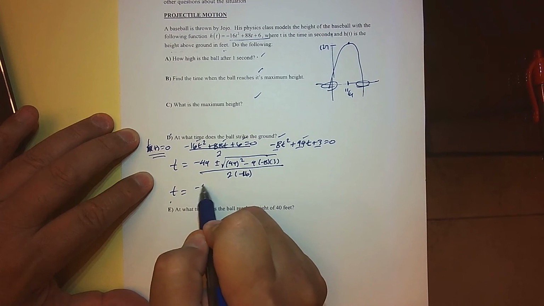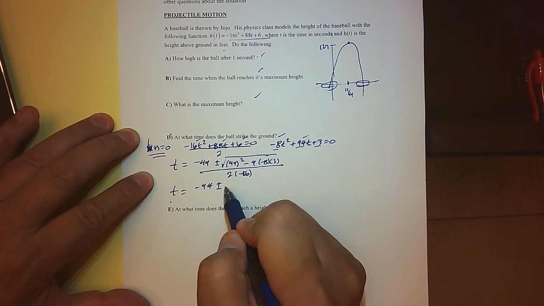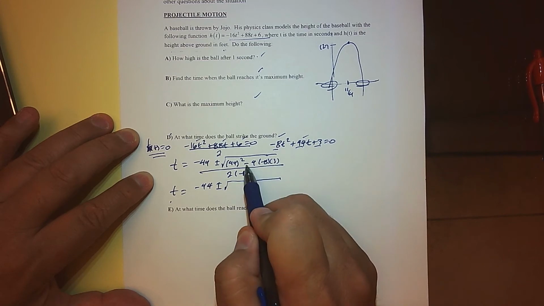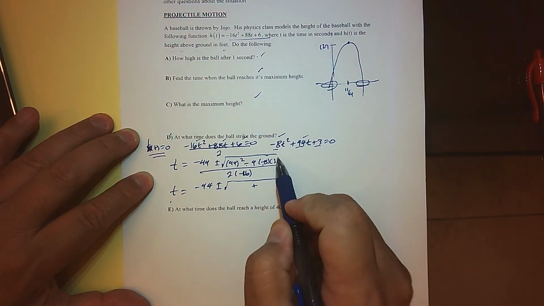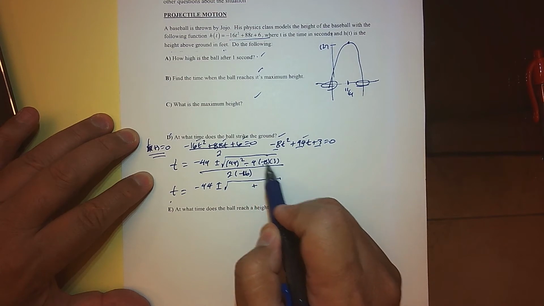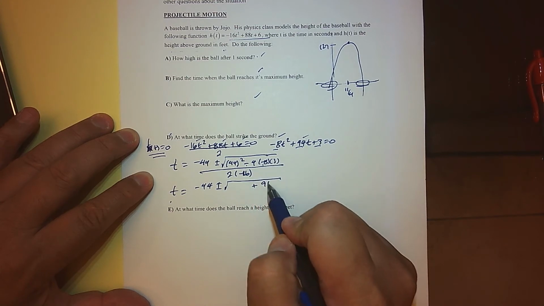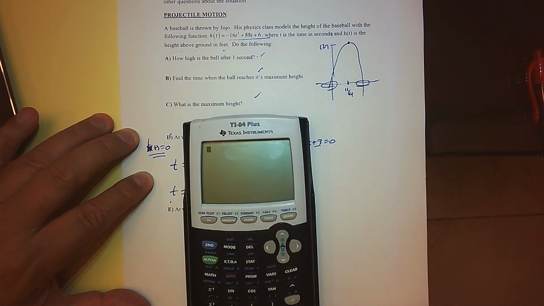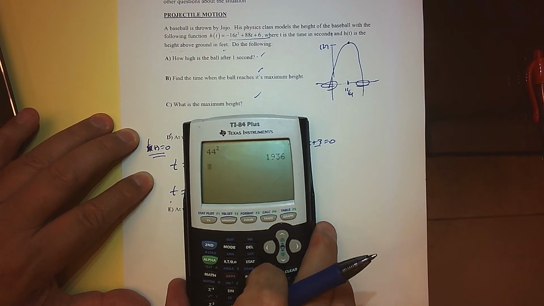Alright, and so now we clean this up. We get negative 44 plus or minus, and here's where we're going to start busting out this calculator. I believe we have a minus of a negative, so that's a plus, and then 4 times 8 is 32, times 3, that's 96, so that I can do in my head. But 44 squared, let's bust out the calculator, right? So 44 squared gives us 1936.